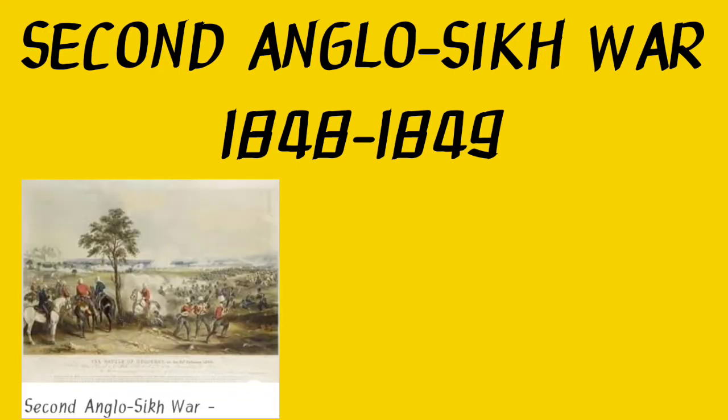Students, let us see the Second Anglo-Sikh War, which occurred between 1848 and 1849. Let us see the causes. The interference of the British resident in the internal affairs of Punjab. Let us understand the meaning of British resident.